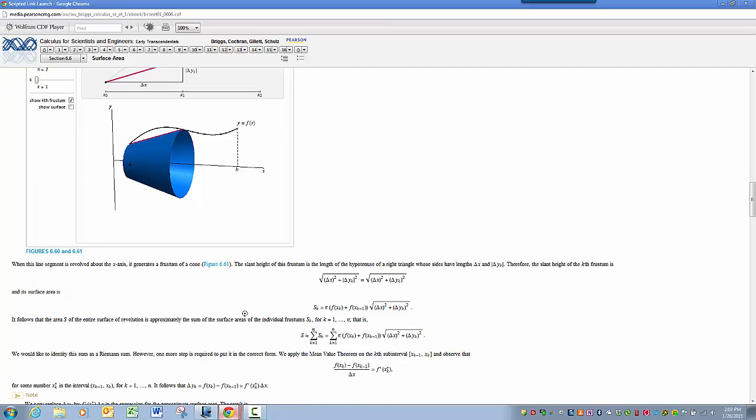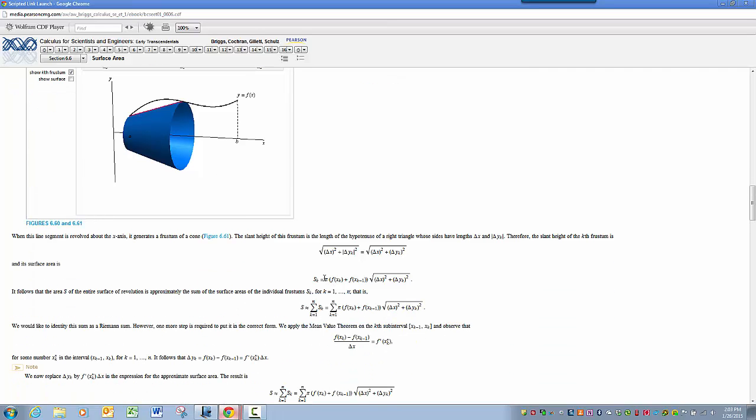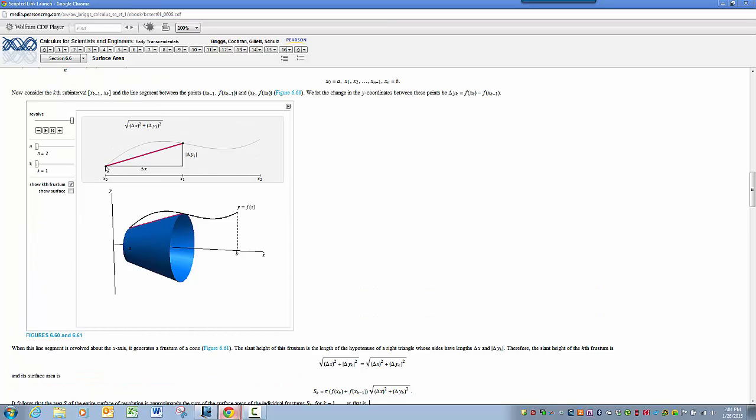The surface area is given by taking pi multiplied by the function here, so this height right here, and then multiplying it by L, the length of this. Well, what is the length of this? That's not too hard to find. This length is equal to the square root of this guy squared plus this guy squared, right there.